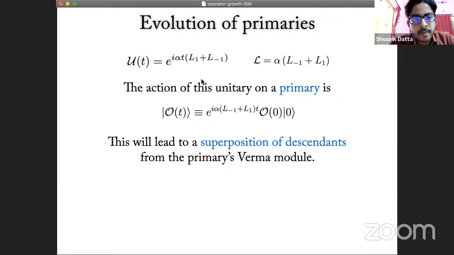So we have this unitary, and its action on a primary state is just given by this. You can expand this exponential, and as you can convince yourself, it's just going to be a superposition of descendants in the primary's Verma module.